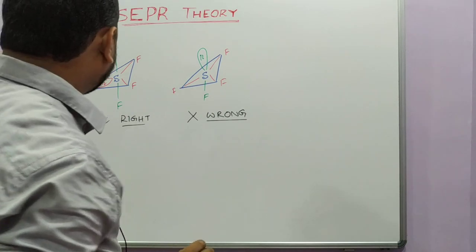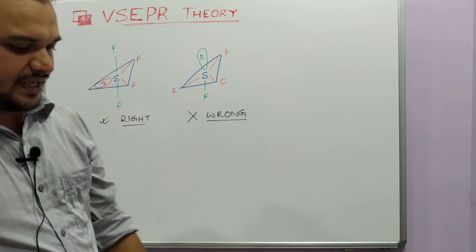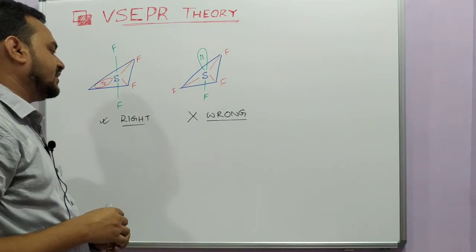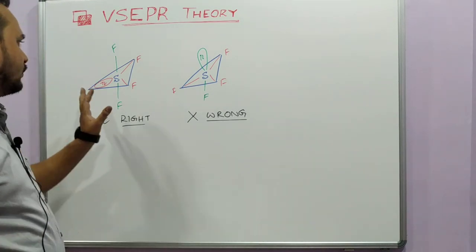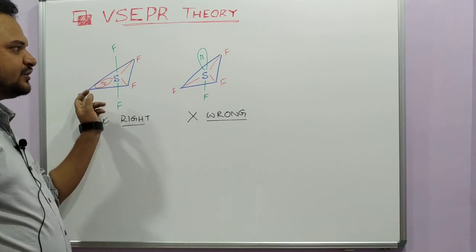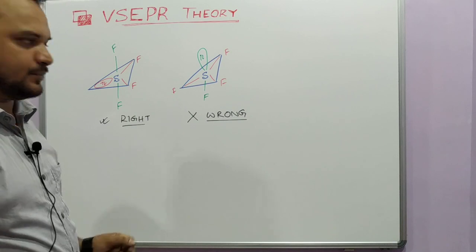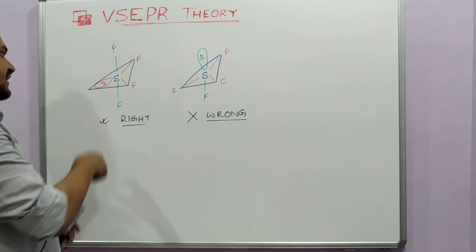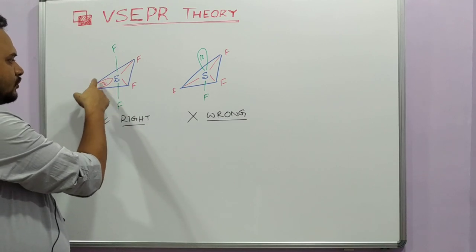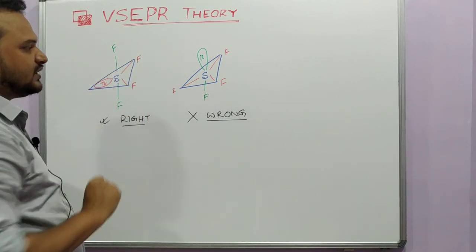Now, as I promised in the last class, I will come up with the answer for the question that I put in the last video, in the last minute: how do we know whether the lone pair will be placed at the equatorial position or at the axial position here? And there I said that experimentally it is shown that the lone pair occupies the equatorial position but not the axial position.